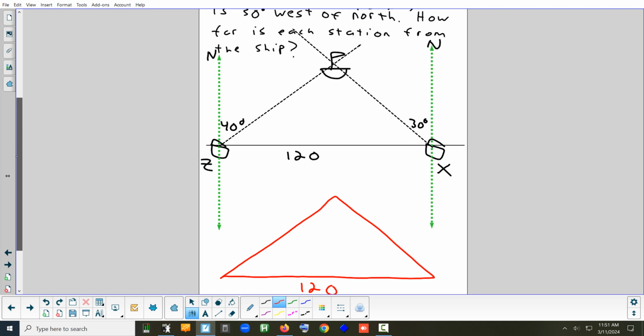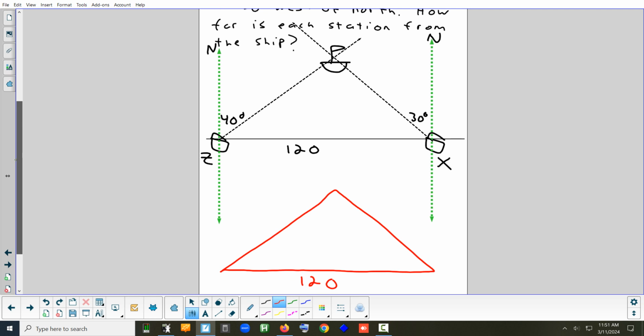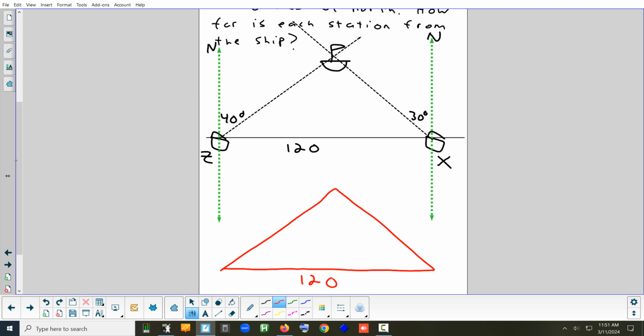That means the angle between the dotted line and the solid line on the left side is going to be 50 degrees. And for the other one, it's going to be 60 degrees.